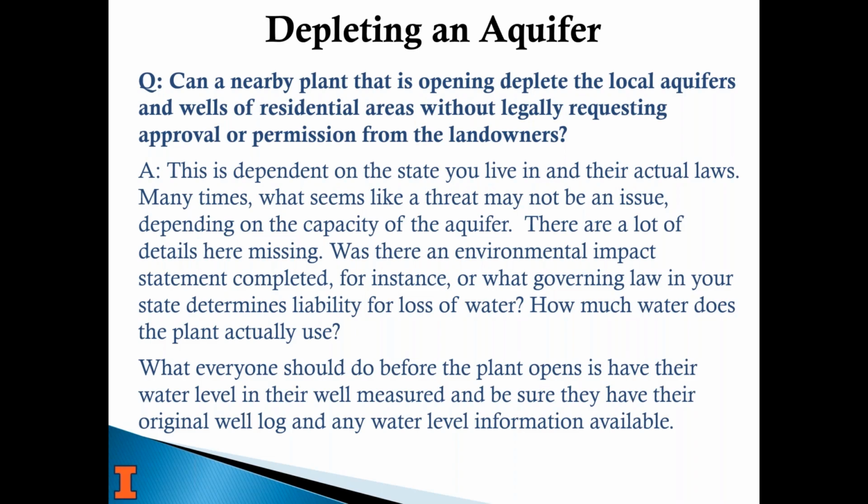What I would recommend, though, for you and your neighbors that have a private well is to protect yourself in case there is a high capacity use that affects your water.